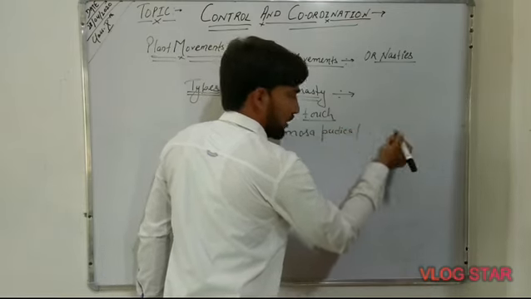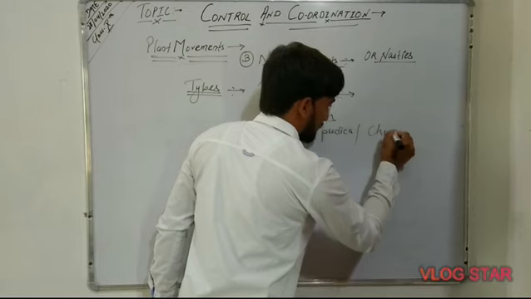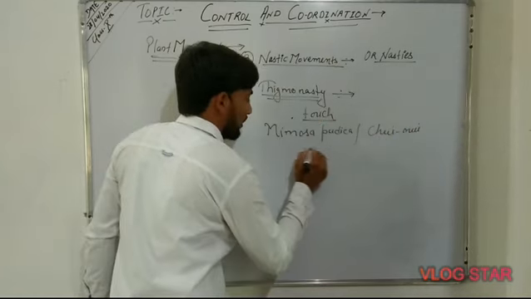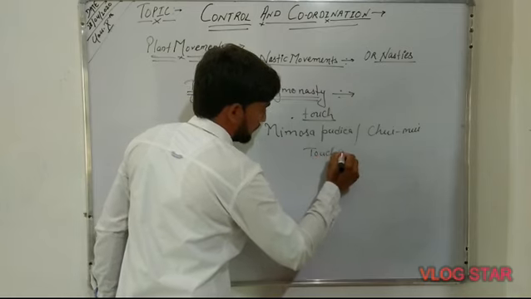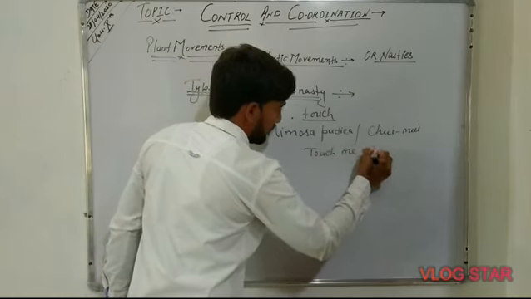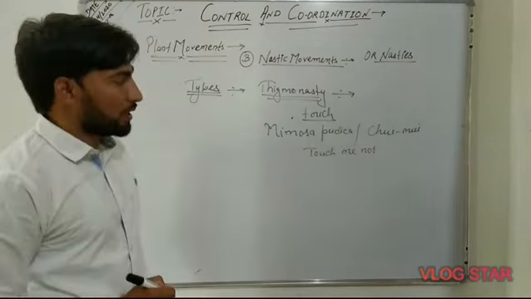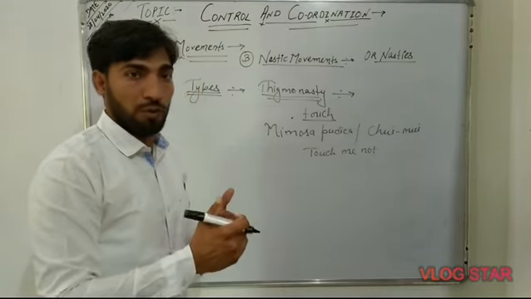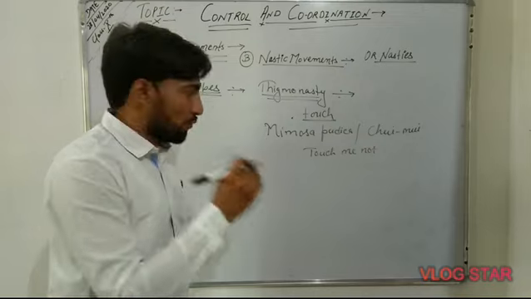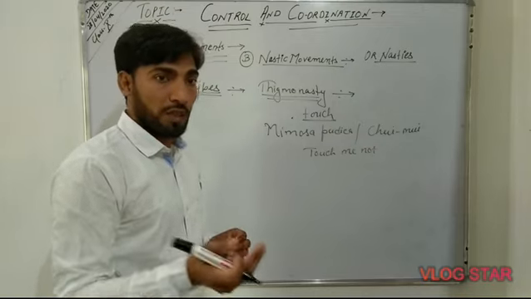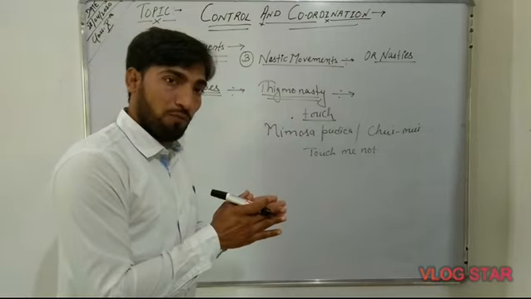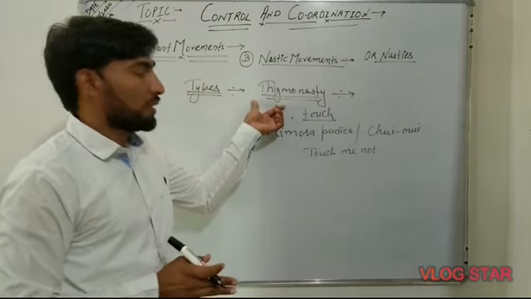It is also commonly known as the Chui Mui plant, or Touch Me Not plant. When we touch the leaves of this Mimosa pudica, its leaves get folded, because at that time the water present in the leaves falls down and moves towards the stem. That's why the leaves get folded, and it is the example of thigmonasty.